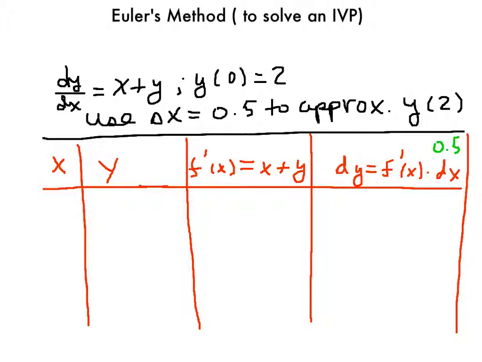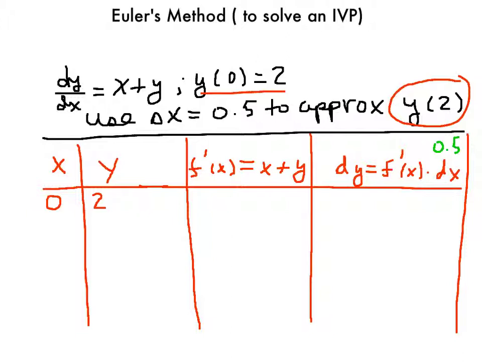You should believe that the smaller choice that we make for dx, the better our approximation is going to be. So here's how we do this. Here's how we get an idea for an approximation for y of 2. We start with the point that we're given, which is when x is 0, y is 2.